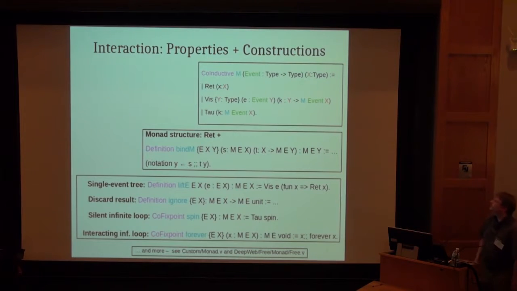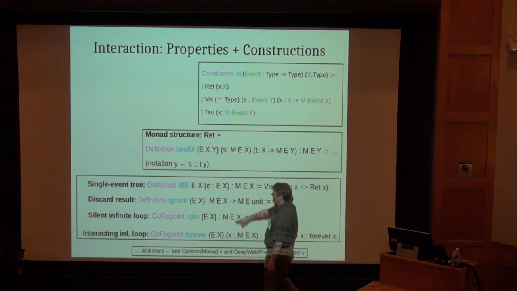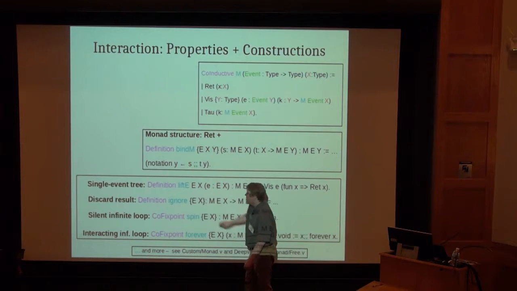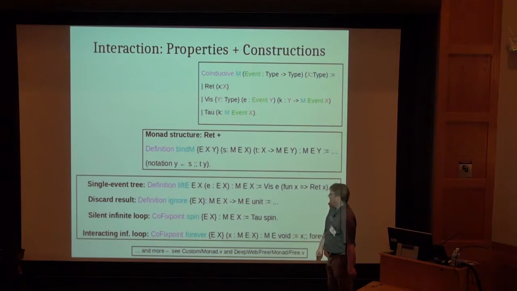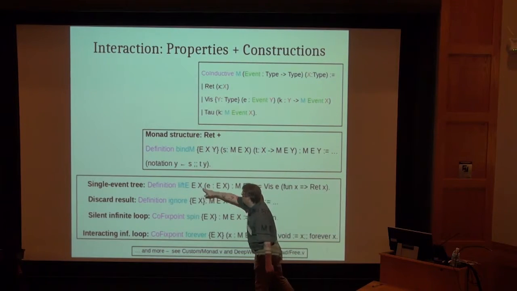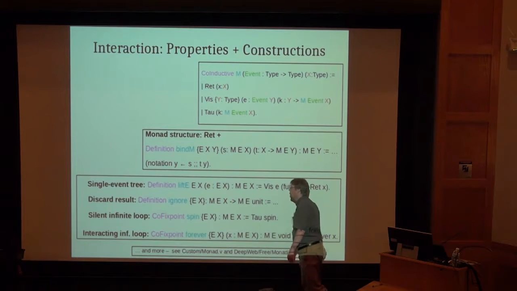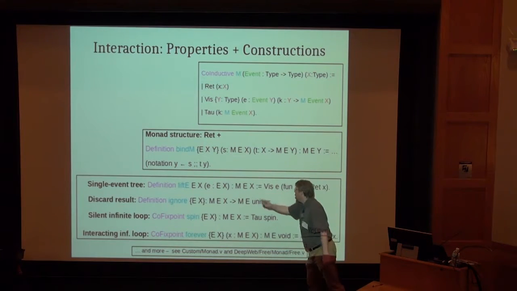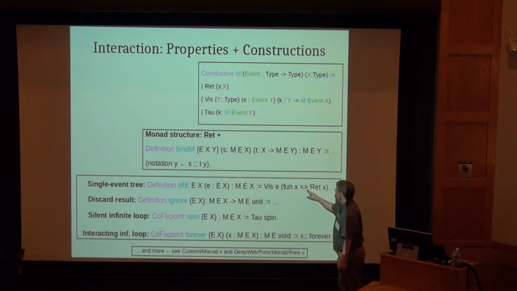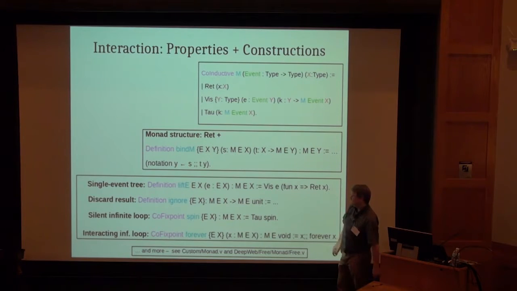And again, just as a reminder, given this structure, we indeed could prove that it satisfies the monadic laws or small variations of those, and we can construct other useful operators that, for example, ignore some input, or lift an event to a visible input, which just does that single step.